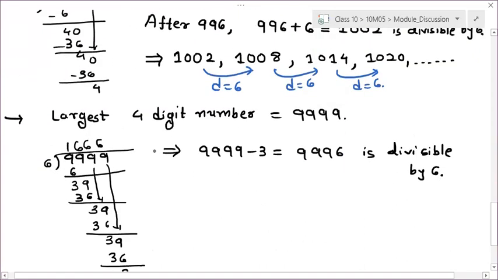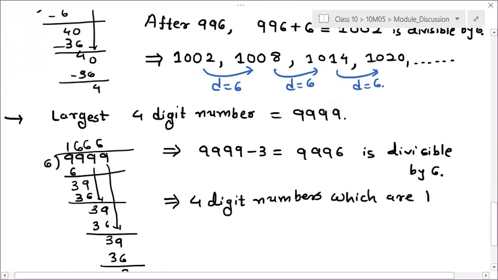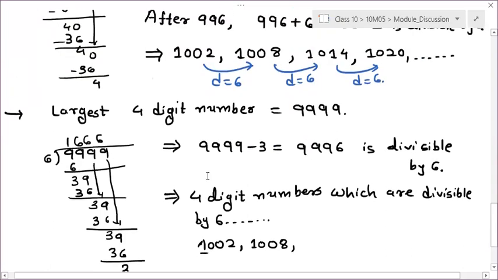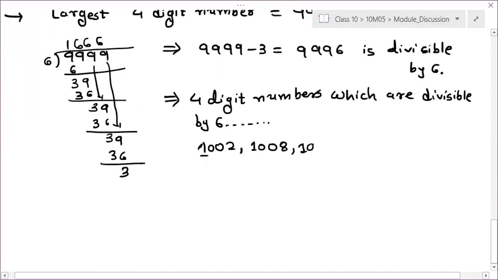So here we can say that the 4 digit numbers which are divisible by 6 are 1002, 1008, 1014, and likewise we can get our last term as 9996, right?